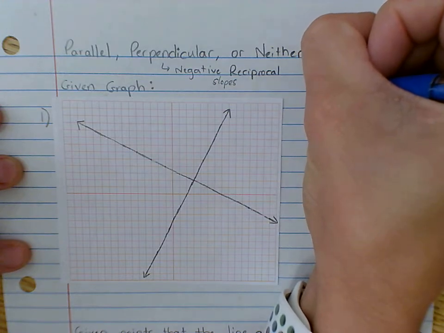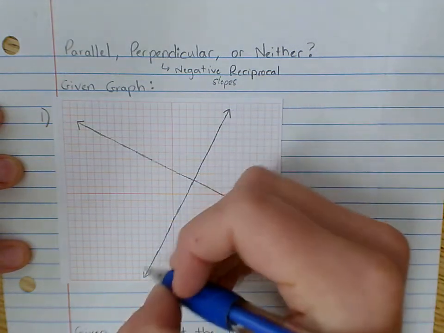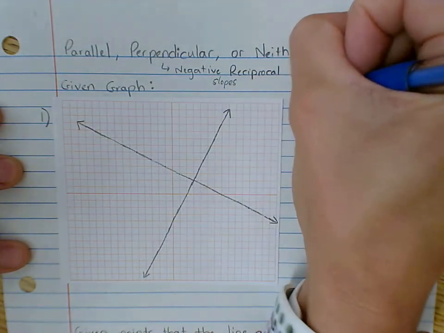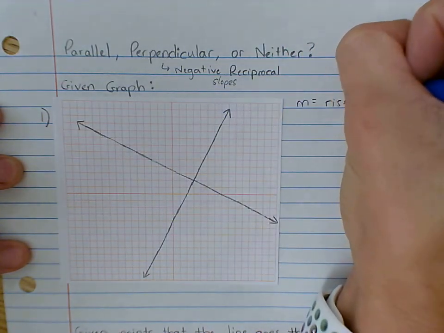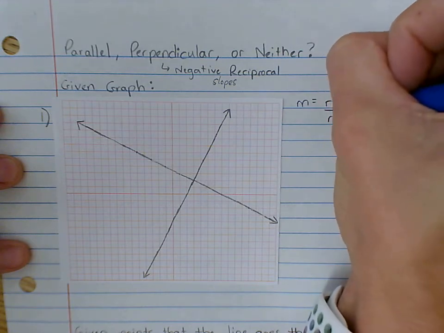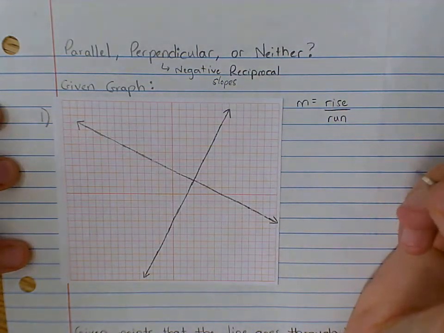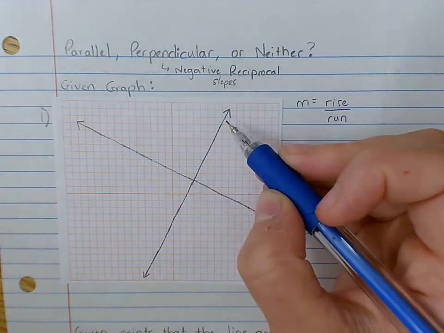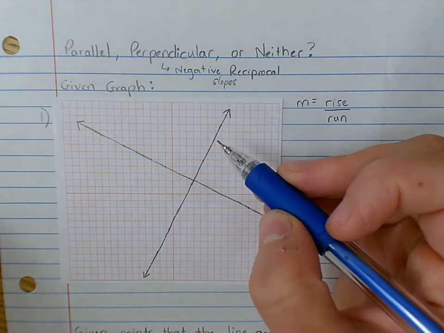So let's see. I'm going to start with this line first. Remember, to find the slope, if it's a graph, it's easier to look at it as rise over run. If I'm finding the slope of this line right here, I'm going to pick 2 points that are on that line.